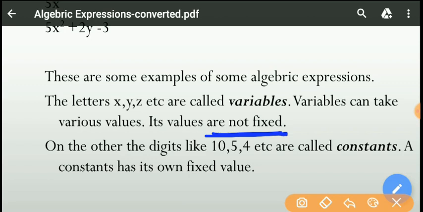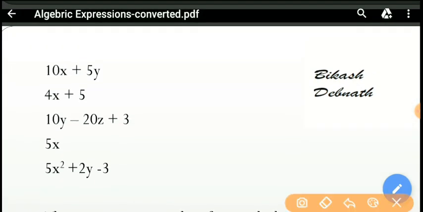On the other hand, the digits like 10, 5, 4, etc. are called constants. So what are constants here? These 5, this 5, this 20, this 5, 2, 3, 10, 4, 10.